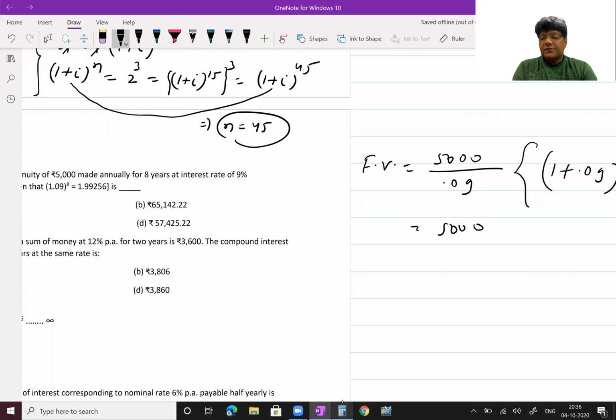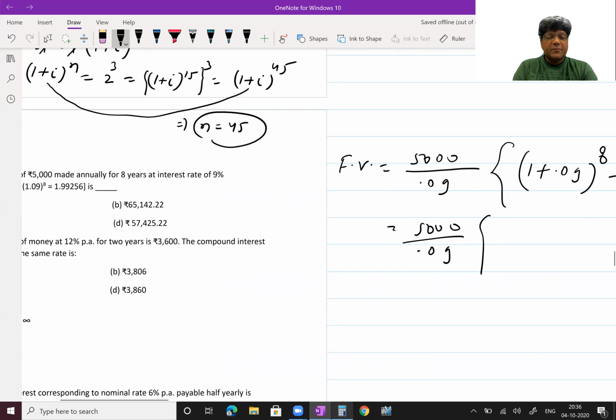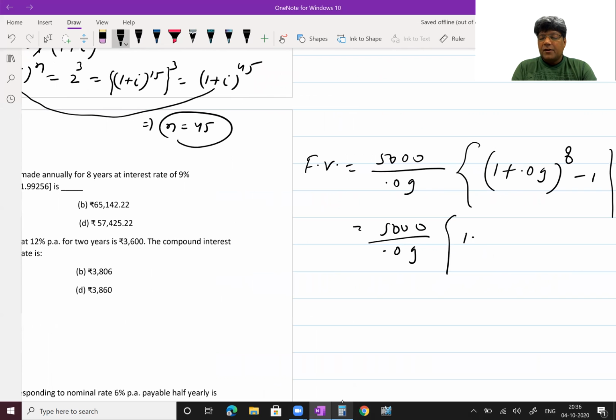So this is 5,000 by 1.09 into 1.09 to the power 8 is 1.99256 minus 1.